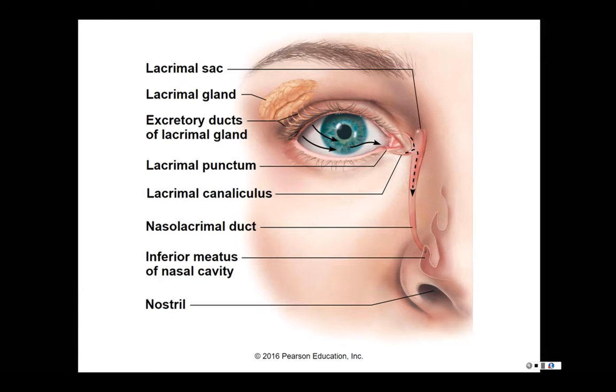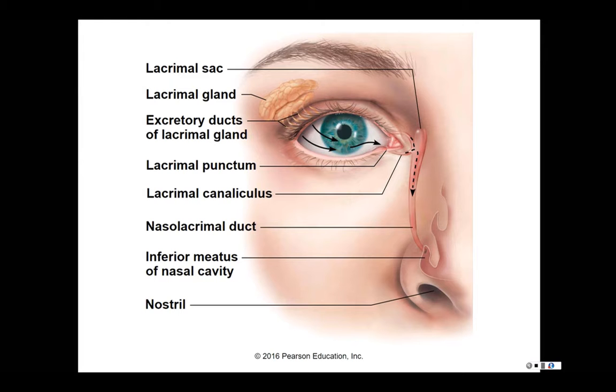The lacrimal gland is up here, kind of on the surface of your brow. Lacrimal glands all day, every day produce tears. It's a salt water fluid that's going to constantly bathe the eye. It's produced at the upper, lateral edge of the eye. The tears wash across the eye from lateral to medial.